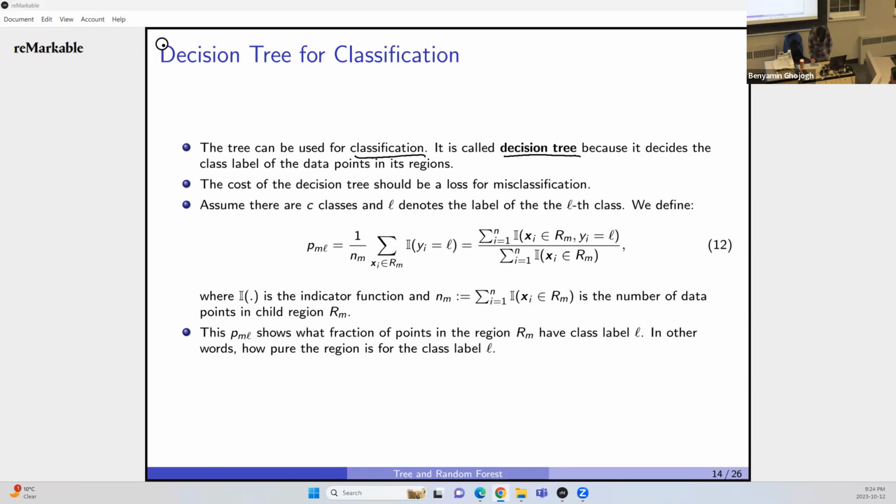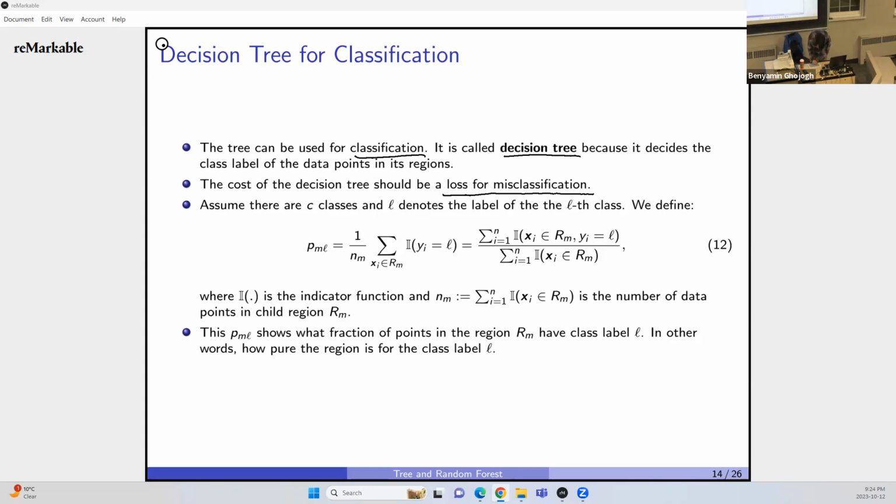The cost of the decision tree should be a loss for misclassification. Can I use mean-squared error this time? I can, but it's better to use the losses for classification. Why can I use mean-squared error for classification too? Because classification can be seen as a special case of regression, right? But let's use actual loss functions for classification.